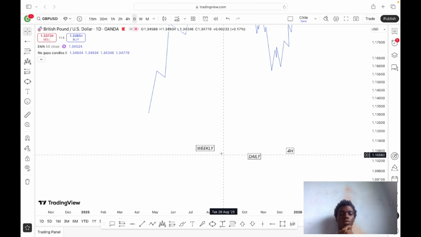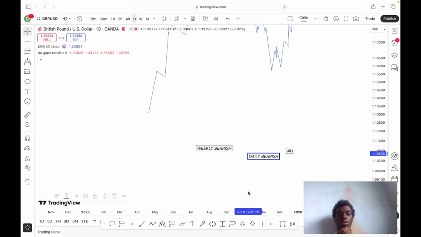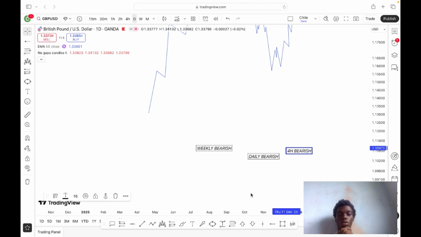So we know that the weekly is bearish. We know that the daily is also bearish. And the 4 hour is bearish also.